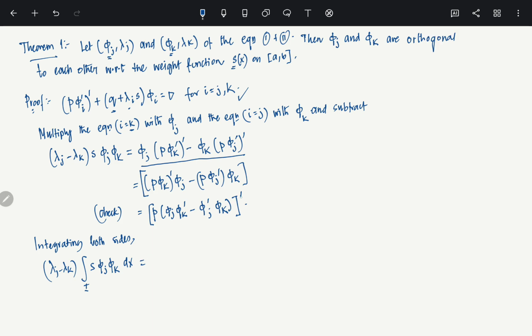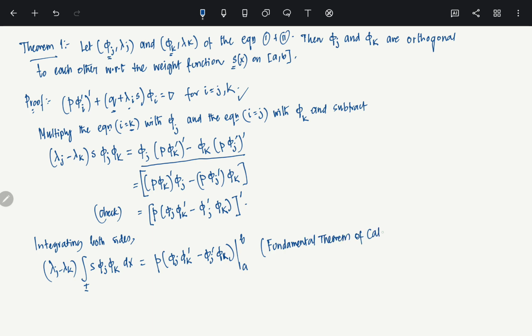The integral and the derivative reverse each other, so it will be p times (phi j phi k prime minus phi j prime phi k), evaluated from a to b. How am I getting it? The fundamental theorem of calculus.